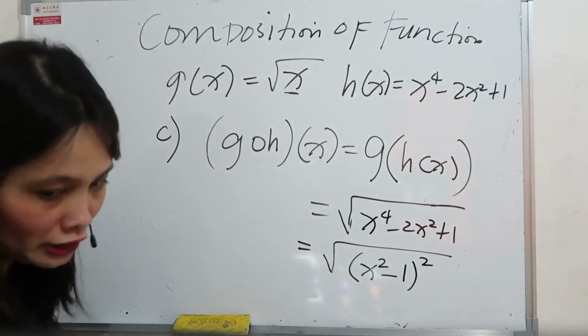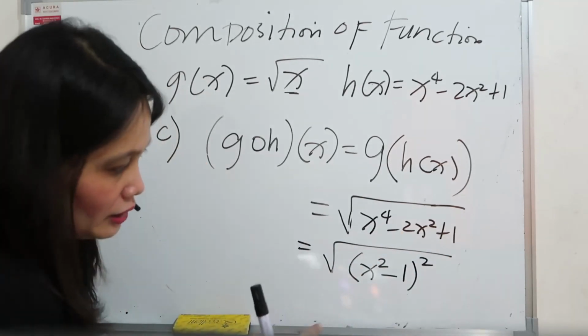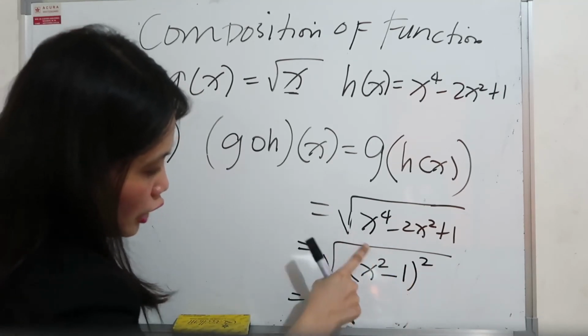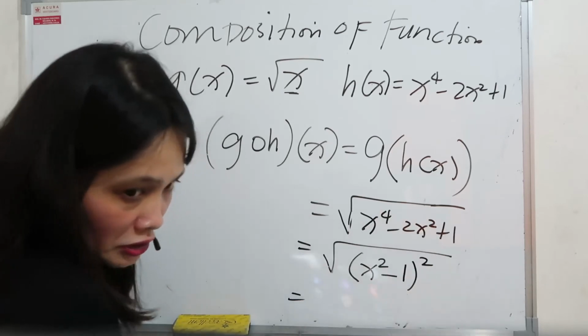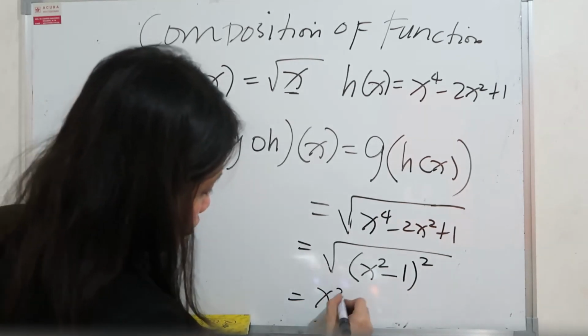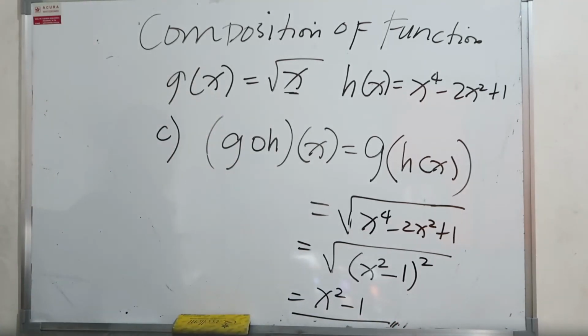So that's a factor of x raised to 4 minus 2x squared plus 1. So what will be the answer? We can eliminate: what's the square root of the quantity x squared minus 1 squared? What remains is x squared minus 1.